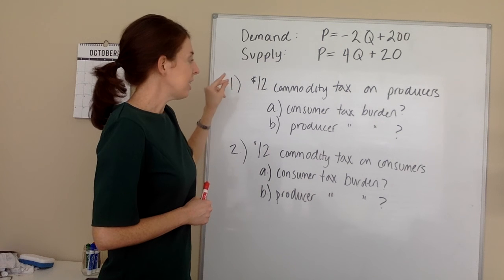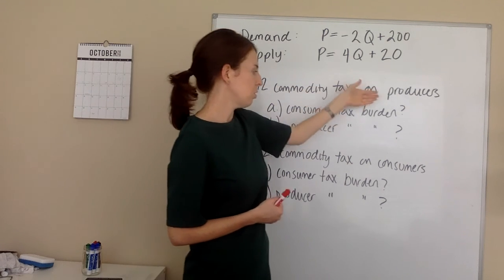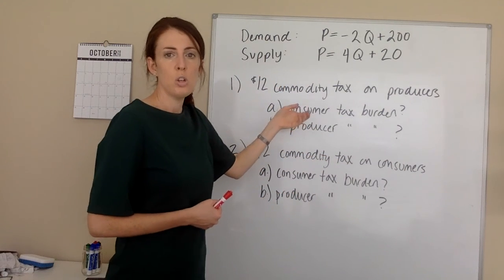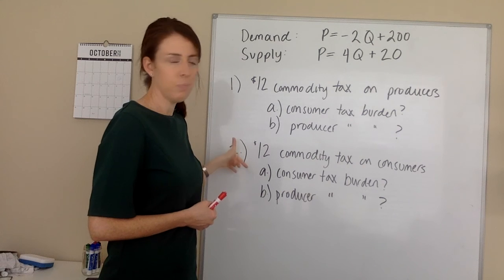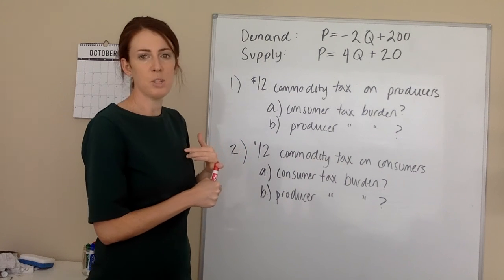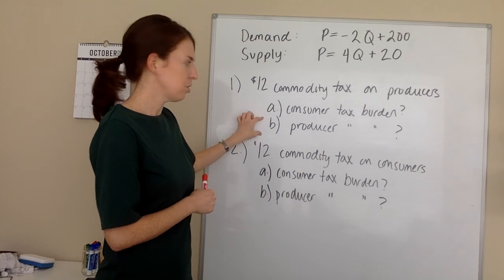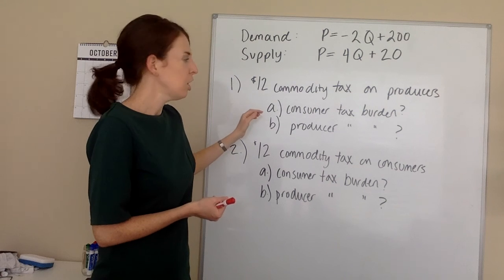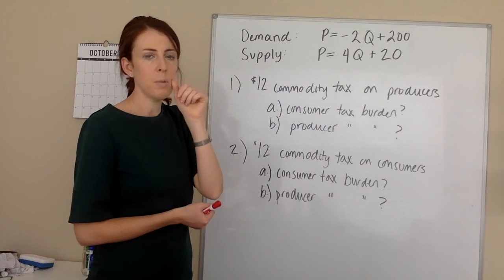The second thing is that we said it doesn't really matter whether the government slaps the tax on producers or consumers, the burdens are the same. So when you go through the math, verify that your answers to 1 match your answers to 2. And third, note that the consumer tax burden plus the producer tax burden has to add up to the tax. So your answer to A plus your answer to B should be equal to 12.